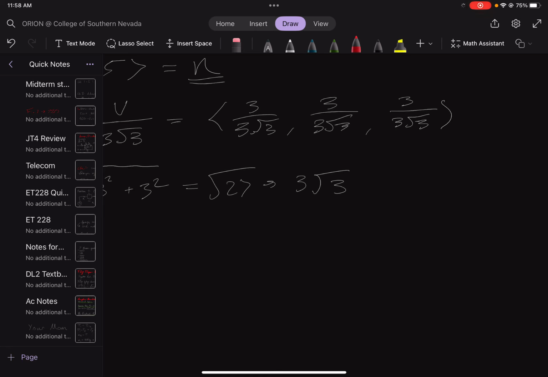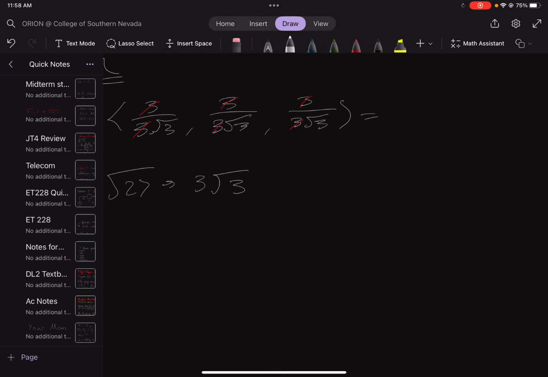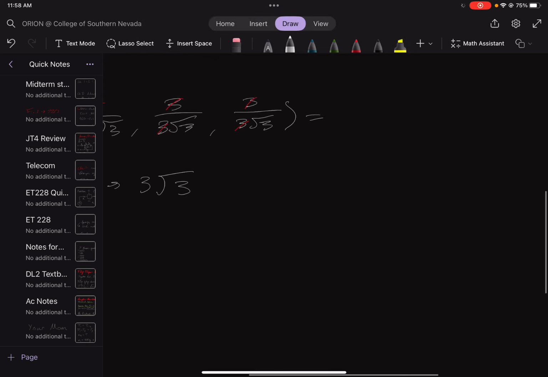So all the 3's cancel, and we are left with this set of coordinates as our unit vector from the sun.